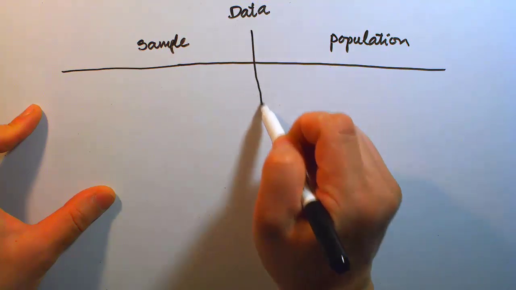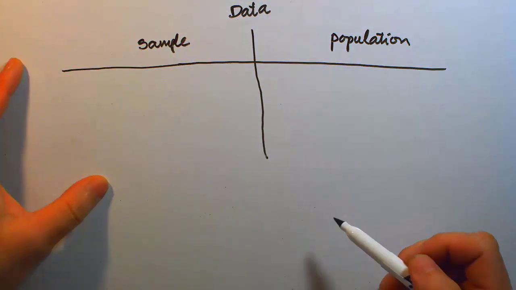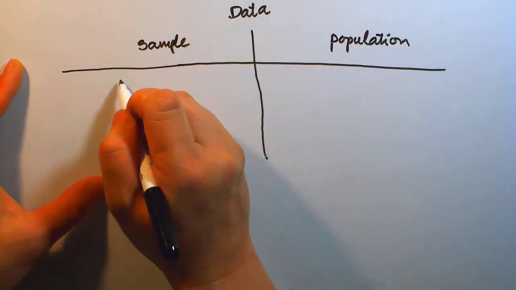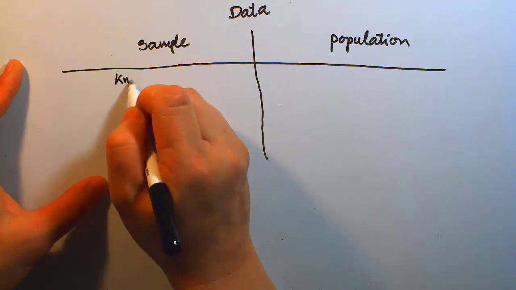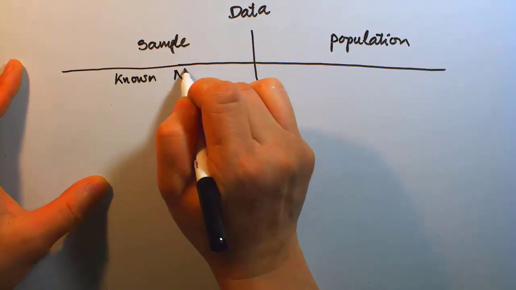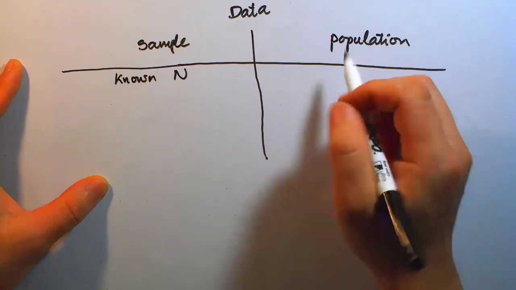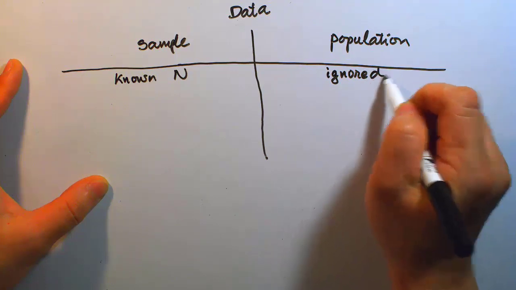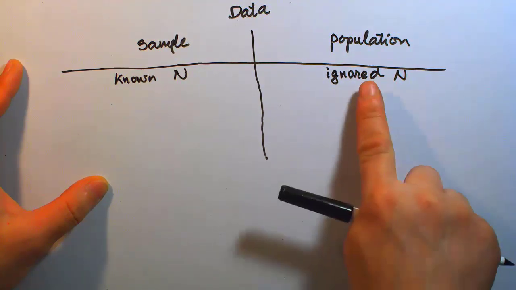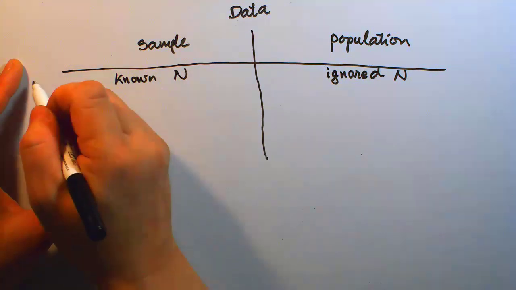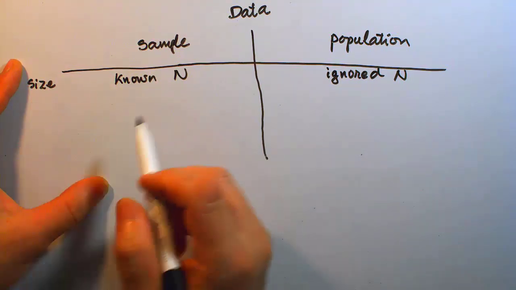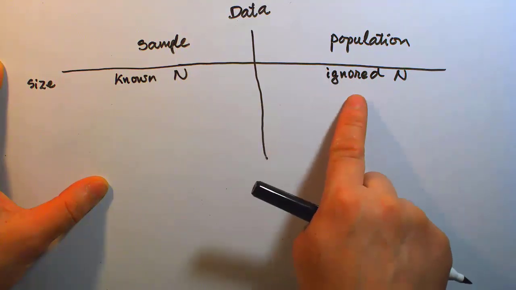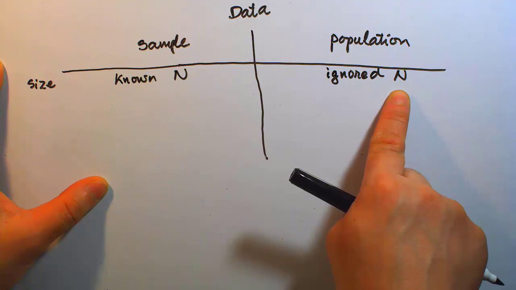Sample data is something small with a known n count, just like what we've learned moments ago. For population data, we have to ignore n. It's not that it isn't there, it's out there, but it's so big that we have to ignore it. As far as the size of the data, we have a known n count for sample data, and an ignored population size, because it's impossible to get that.